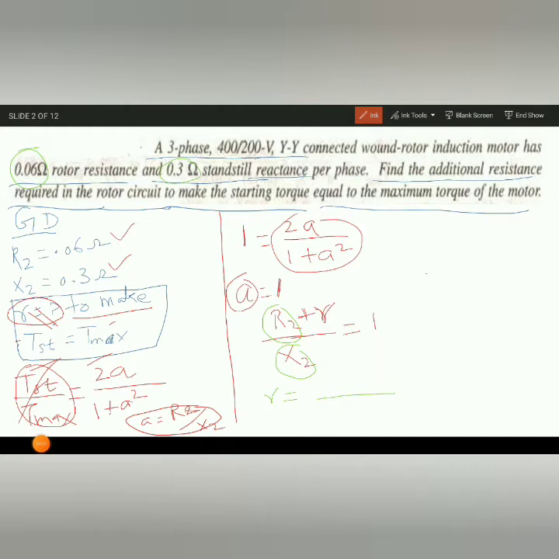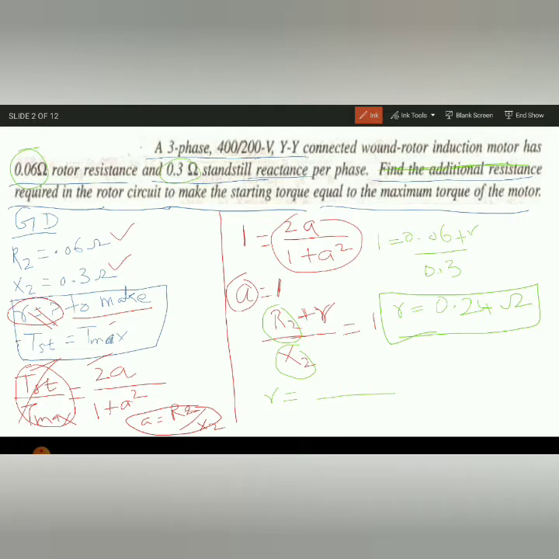So let us substitute the values: 1 equals (0.06 plus R) divided by 0.3. So the additional resistance to be included is equal to 0.24 ohm. So this is the answer.